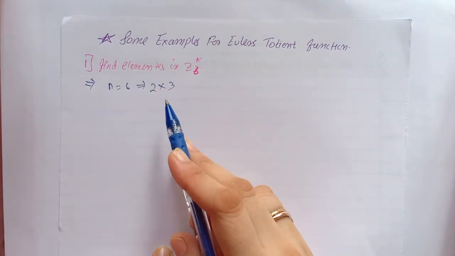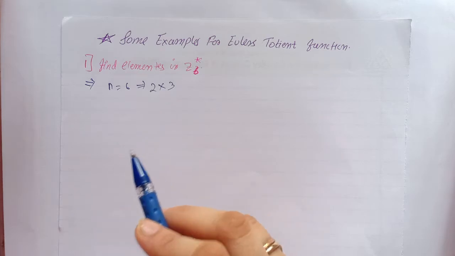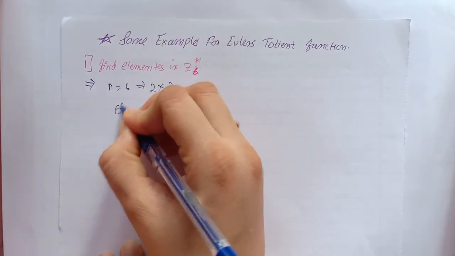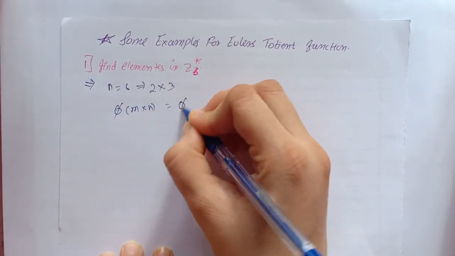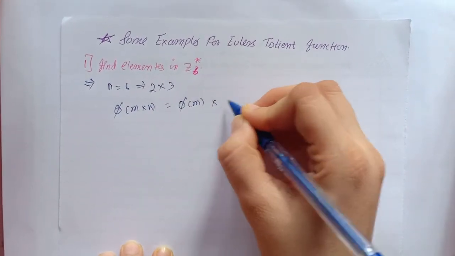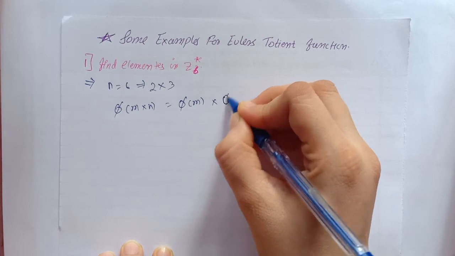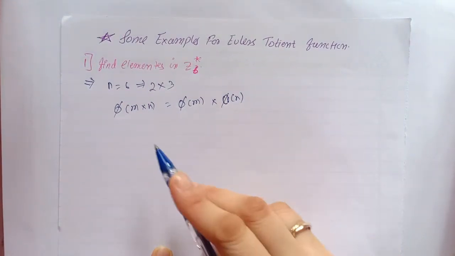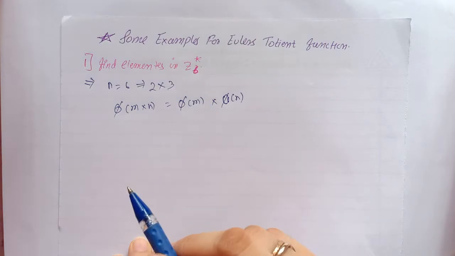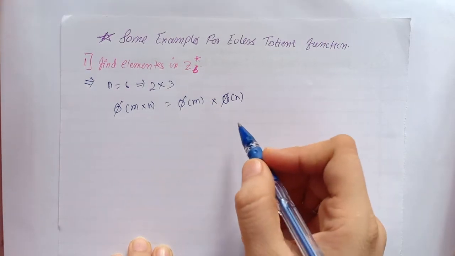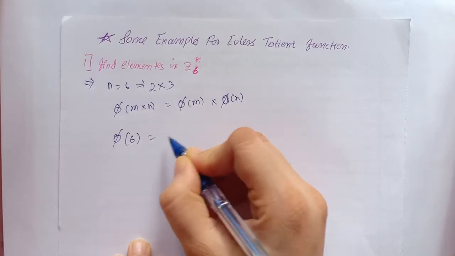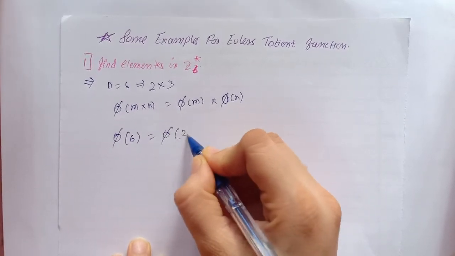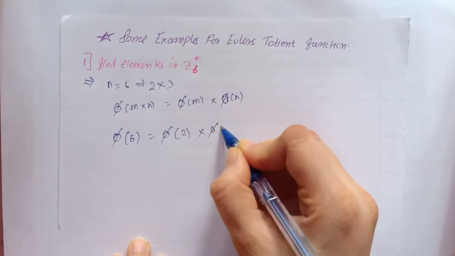So using the third rule, that is phi of m into n is equal to phi of m into phi of n, we can find this. So phi of 6 is equal to phi of 2 into phi of 3.